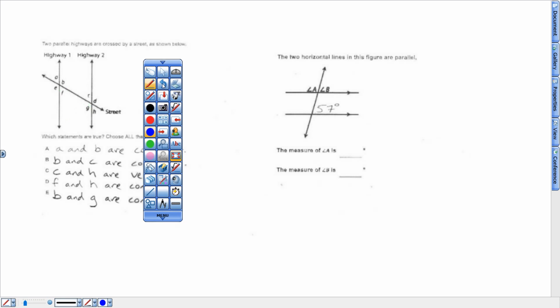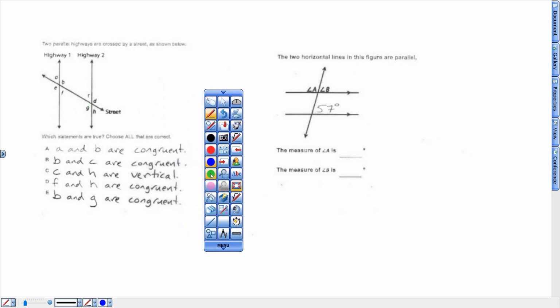When I do this, first one says angle A and B are congruent, but those are right next to each other. Those add up to be 180, so those are not equal for this diagram. Angle B and C, ooh, again, those are not equal.